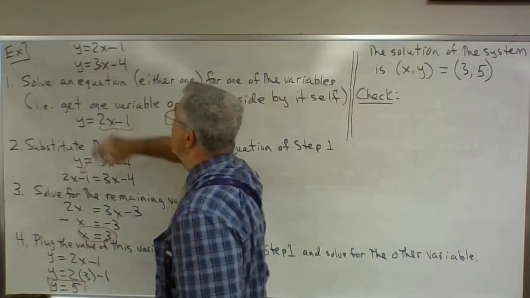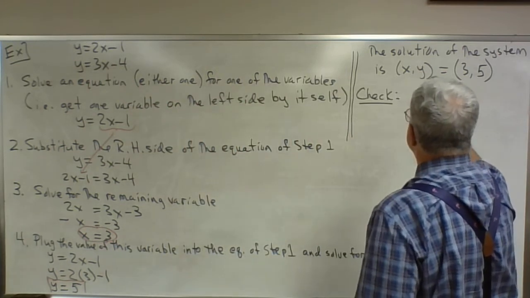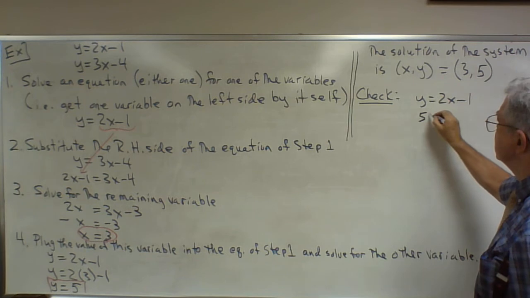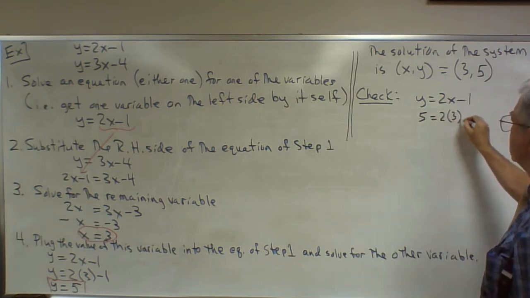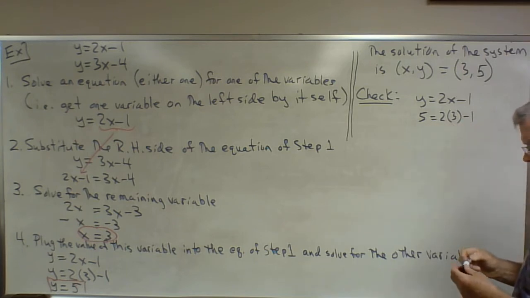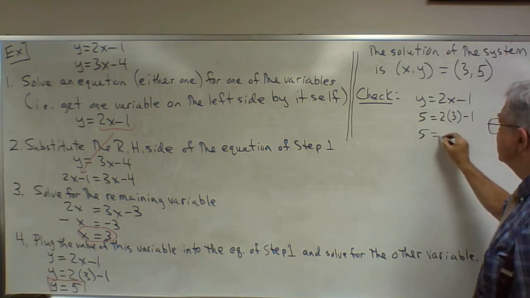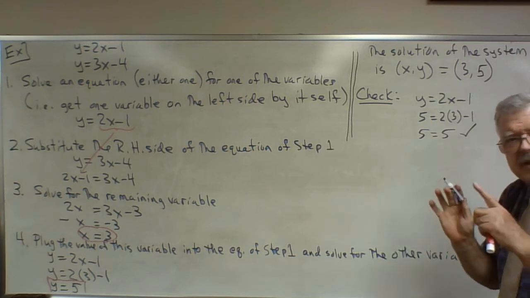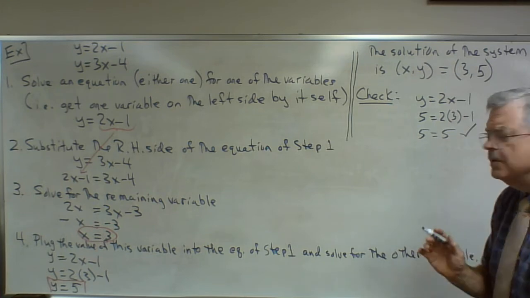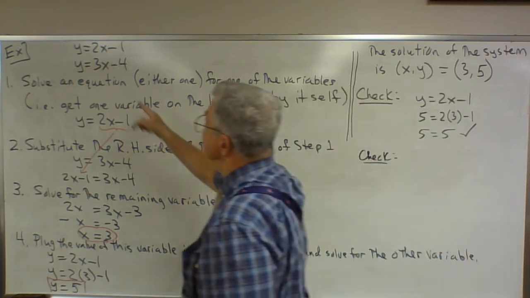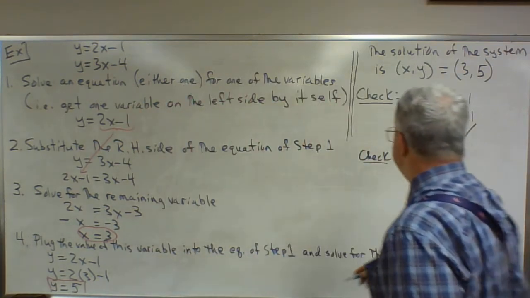The first equation, y equals 2x minus 1. y is 5. x is 3. Does 5 equal 6 minus 1? Well, 5 equals 5? Yeah. So it works for the first equation, but let's make sure it works for the other one too. We'll take the second equation, y equals 3x minus 4.